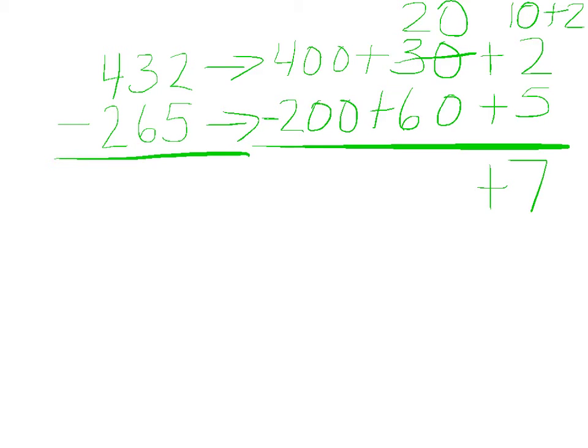Now we move to our tens place. We have 2 tens, take away 6 tens. Again, we do not have enough tens to subtract. So we're going to regroup from the hundreds place, which will give us 3 hundreds. We'll bring the 100 to the tens place, which we've talked to the students is actually 10 tens.